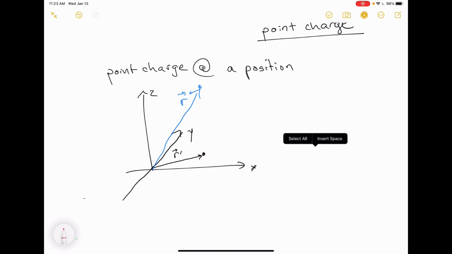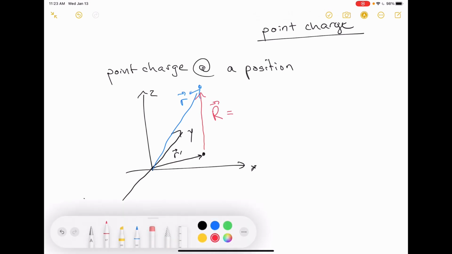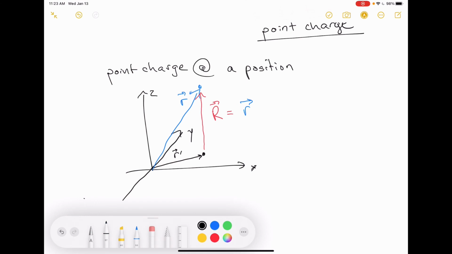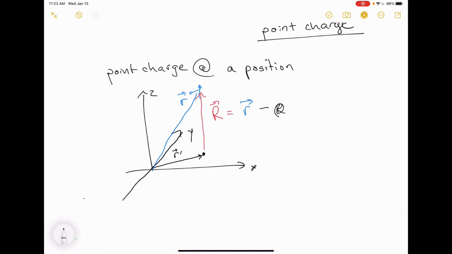which is R, is equal to the difference between those two vectors. So it's going to be little r minus little r prime. Little r prime is what gets you that vector from the one location to the other location.